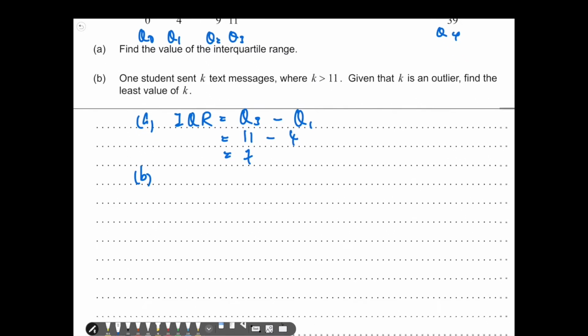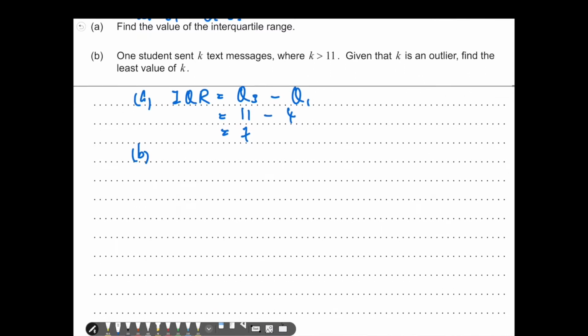So that is for part A, and now we go to part B. One student sent K text messages, where K is greater than 11. Given that K is an outlier, find the least value of K. So what is an outlier?